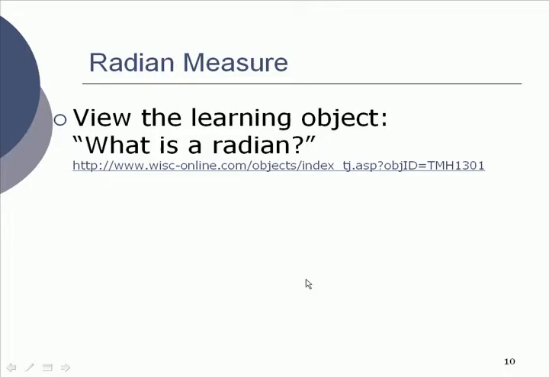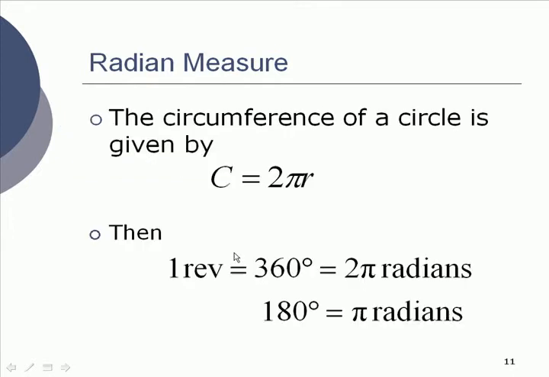Moving right along, here's the fact that we want to pull out of that. The circumference of a circle is given by 2 pi times r, right? That's from our geometry unit. Then we know that we have 2 conversion factors down there. One, we already established that 1 revolution is 360 degrees.